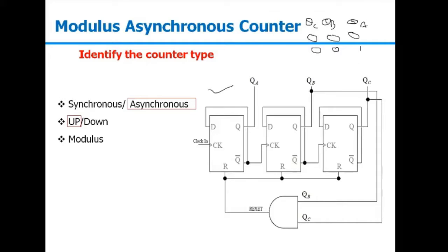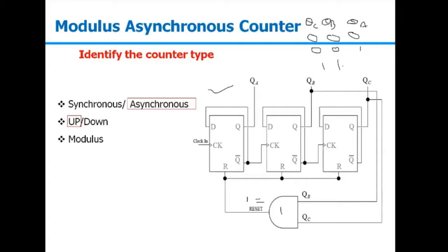And when either of QB and QC is 0, reset will be 0. You are using an AND gate here, and the AND gate output will be 0 if any one of QB and QC is 0. So at 0 it will not reset. When will it reset? When the AND gate output is 1. And when will the AND gate output be 1? When QB and QC are both 1.